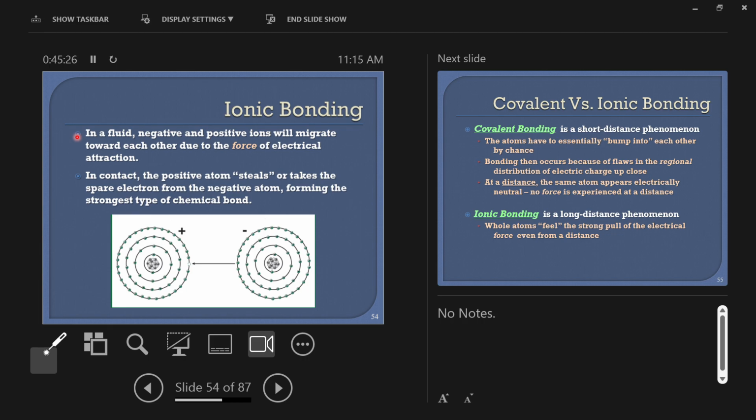Not solids. In a solid, like a solid tabletop, if there's a positive ion over here and a negative ion over here, are they going to get to each other? No. The molecules over here are only ever going to be over here, and the molecules over there are only ever going to be over there. But in a gas, if I've got a positive ion here and a negative ion here, and the rest of the gas is neutral, then those two ions are going to feel each other's pull.